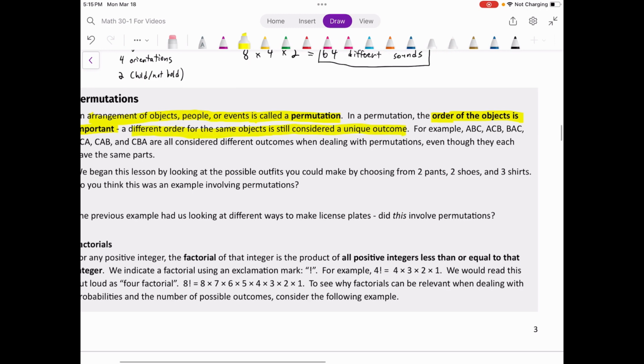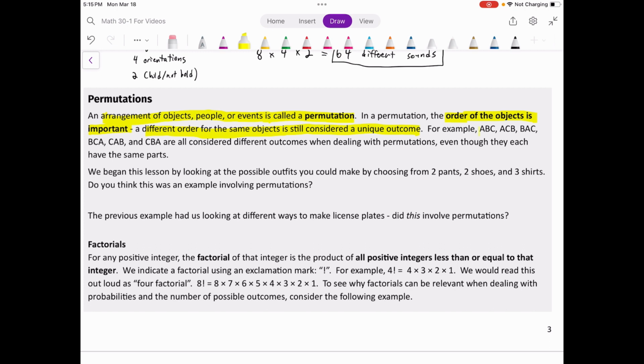To show you what I mean, for example, ABC, ACB, BAC, BCA, CAB, and CBA. All of those contain the same letters. They're all just made up of A, B, and C, but they're all actually considered different outcomes when we're dealing with permutations, even though they each have the same parts.